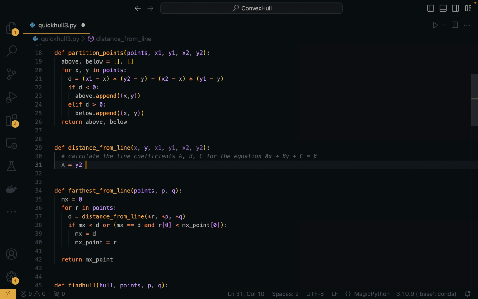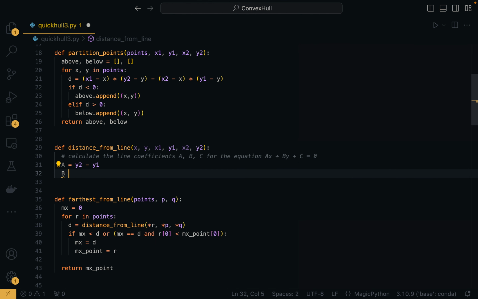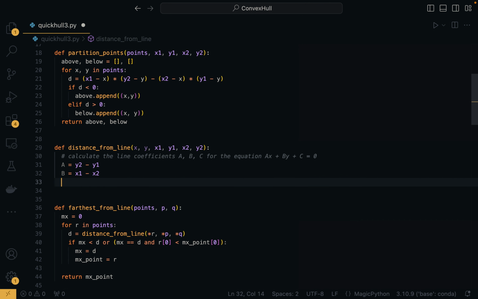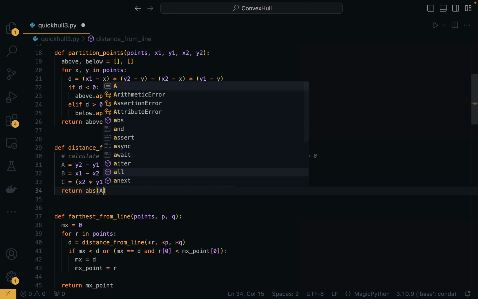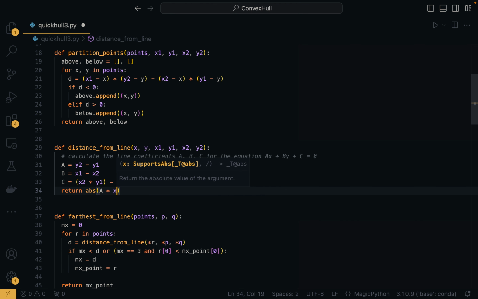So A equals y2 minus y1, B equals x1 minus x2, and C equals x2 times y1 minus x1 times y2. And then we'll return the absolute value of A times x plus B times y plus C, all divided by the square root of A times A plus B times B.